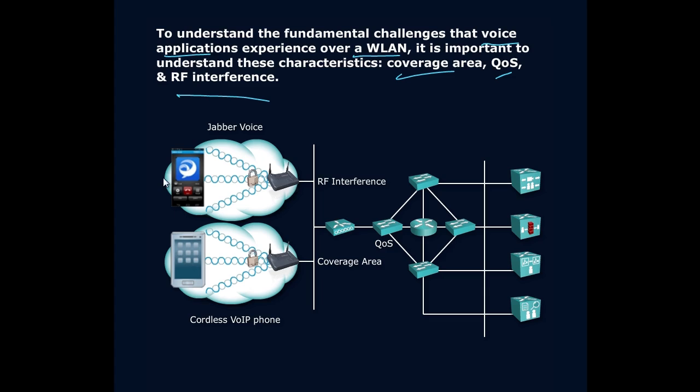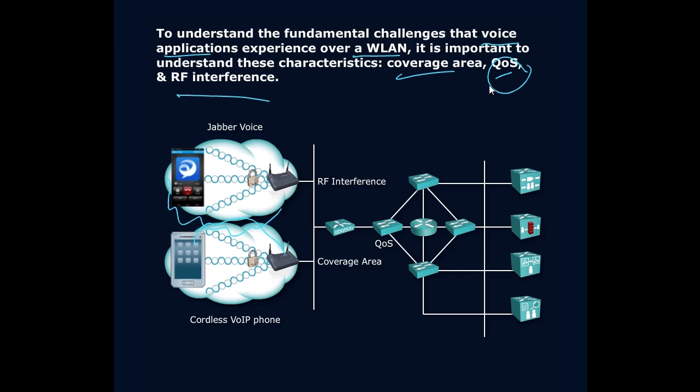So we would see some coverage overlap here. I know these clouds are different, but we would see some overlap in our coverage area. We would also see some quality of service to help us get rid of our latency. Latency is a real bad killer of our voice applications. Jitter is also extremely bad.